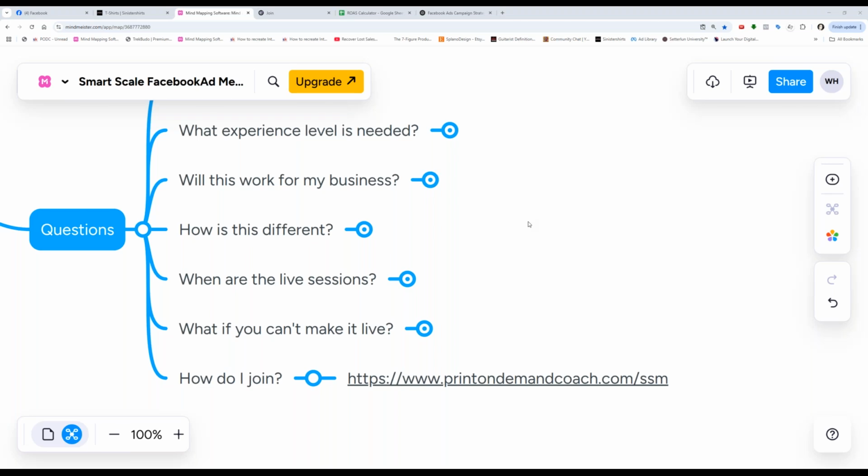It is self-paced. The live stuff's cool though, because the best part about doing it live for me is I hit glitches and I hit problems and I hit things that don't work the way they're supposed to work. And the benefit for you is you see me hit that and you see how I deal with it in real time. So I don't have time to edit a nice video and cut it out.